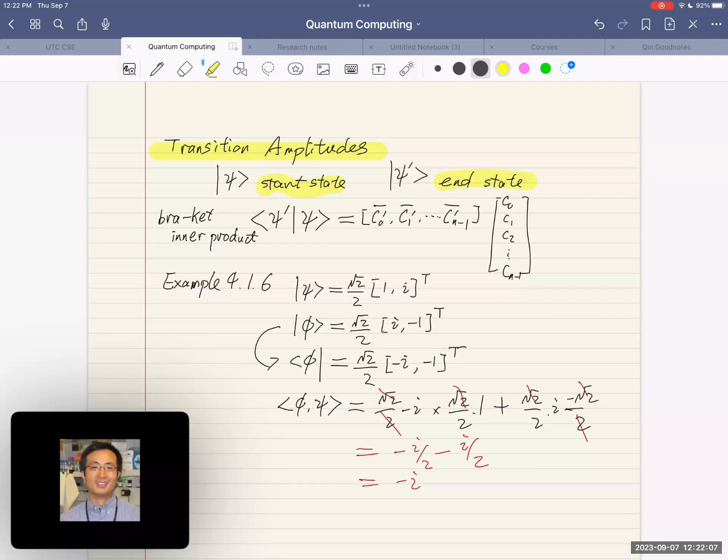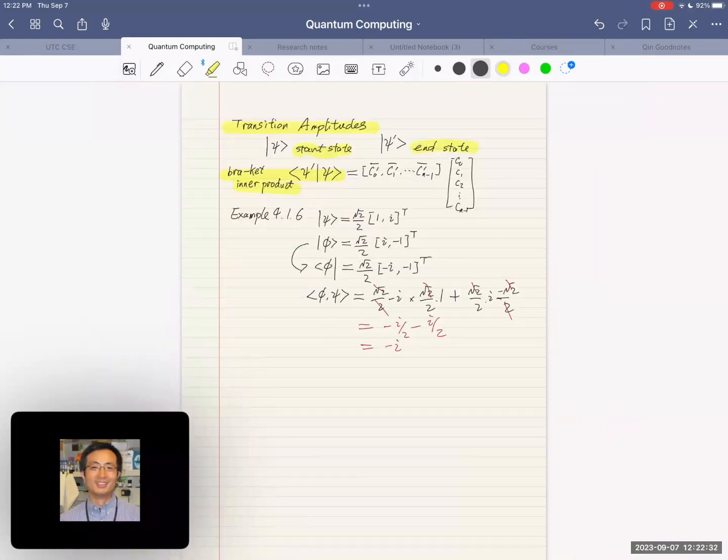So we often write this as the bracket, which is the inner product of the two, the start state and end state, that is, the inner product of the two complex vectors. The first one will be the conjugate, followed by the other one.